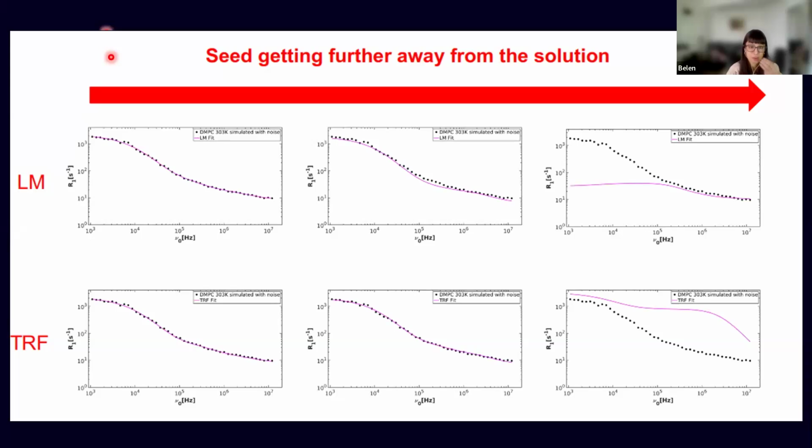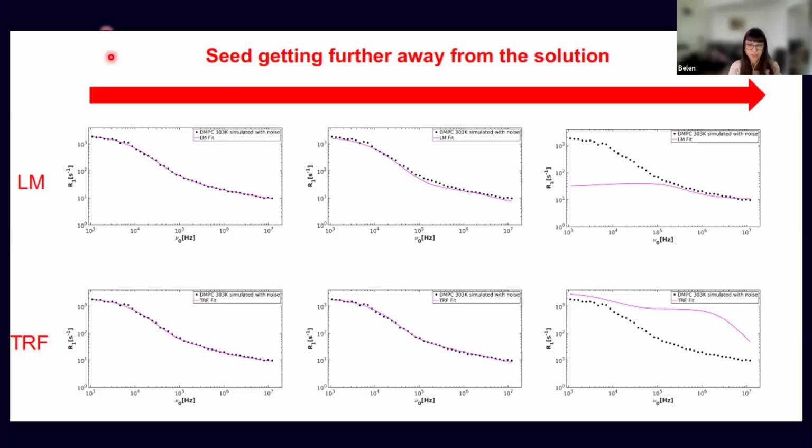You can see that when the seed is close, both methods converge well, but as we move farther away, convergence gets worse, and eventually the algorithm doesn't converge at all. Levenberg-Marquardt is completely free in the parameter space, so failures can lead to unreasonable parameters.